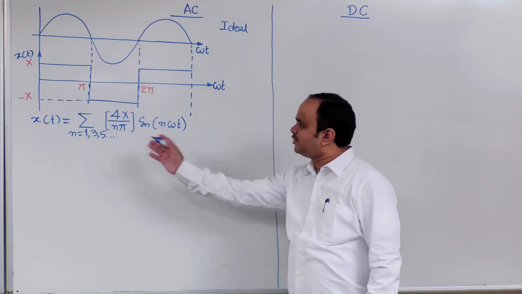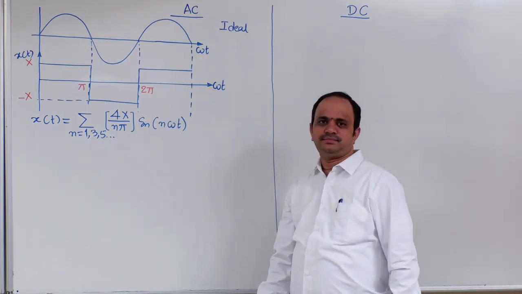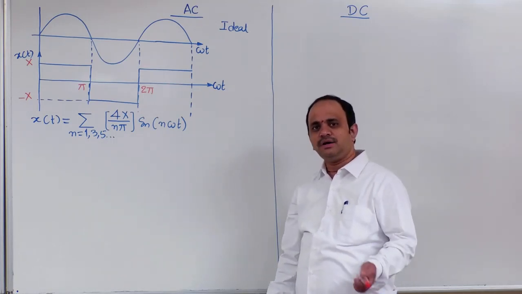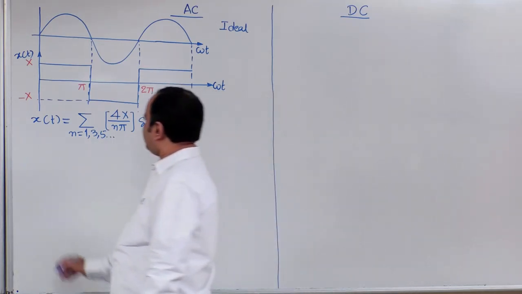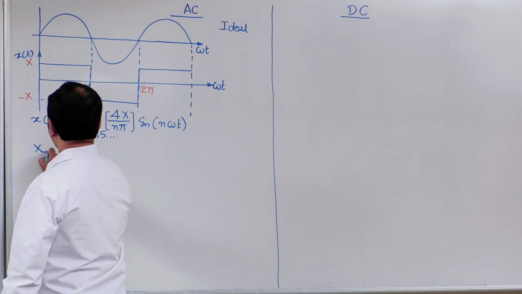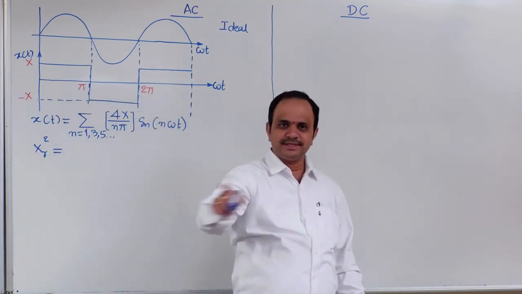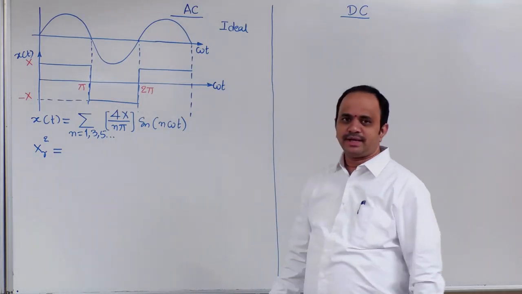So what does that Fourier series tell you? This function contains all odd harmonics. For example, if I write the RMS value for this overall series, what will we get?